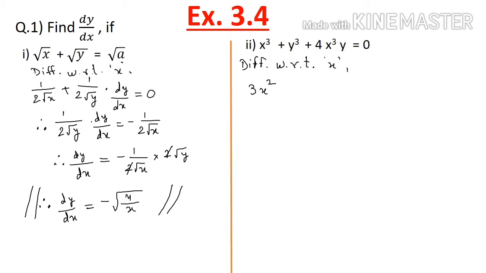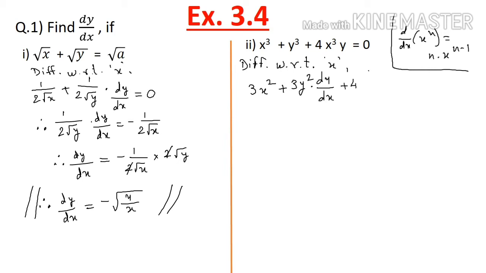We are using this formula, d dx of x raised to n is n into x raised to n minus 1. Over here n is equal to 3. So the derivative of x cube you get 3x square, plus again the derivative of y cube will be 3y square into dy by dx.